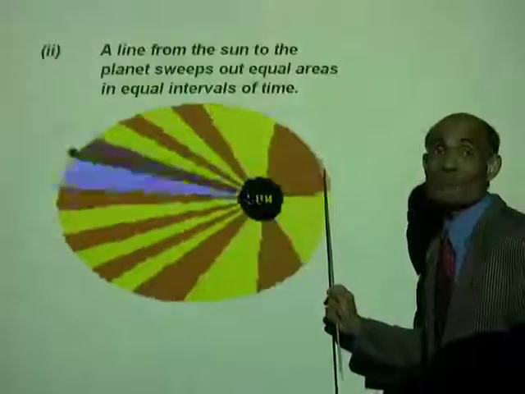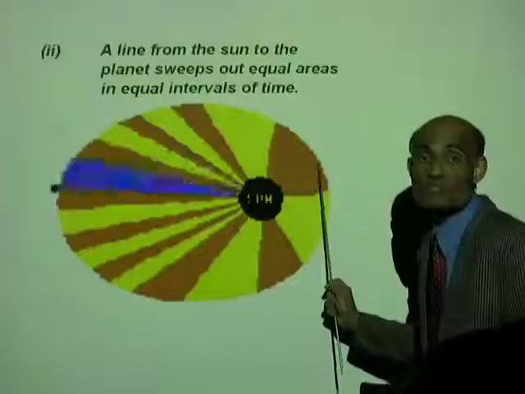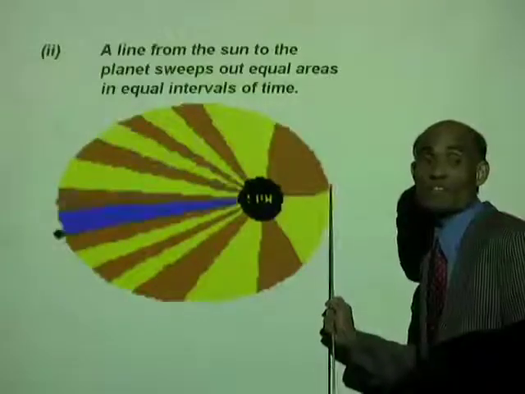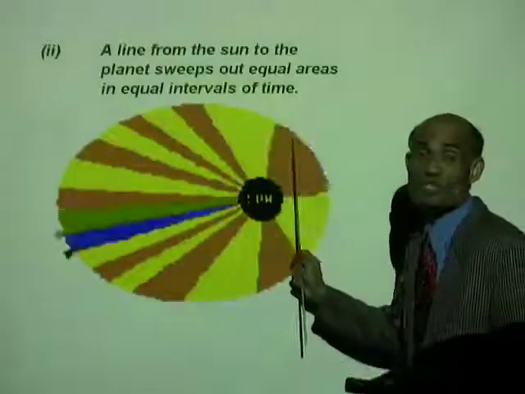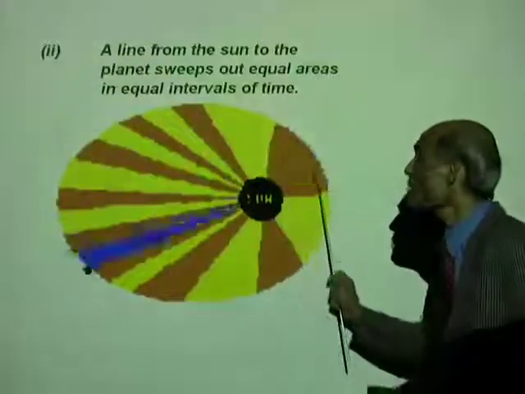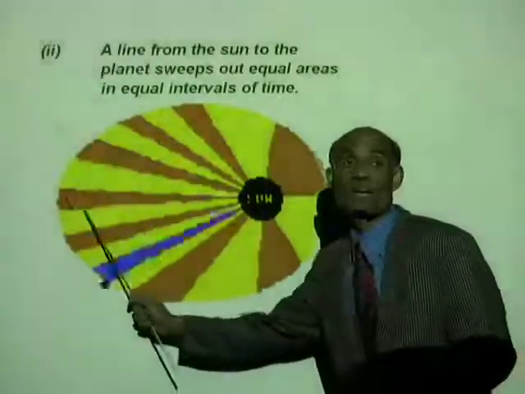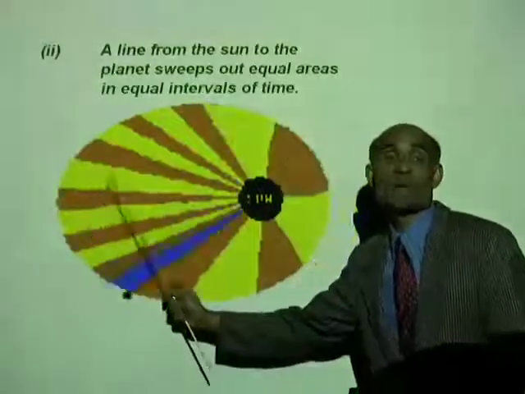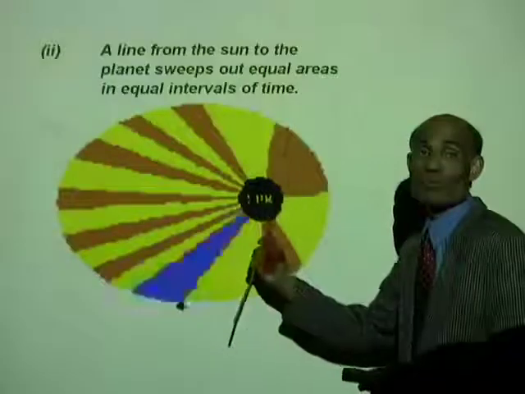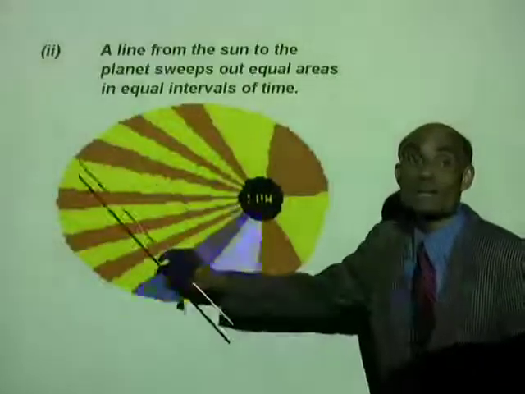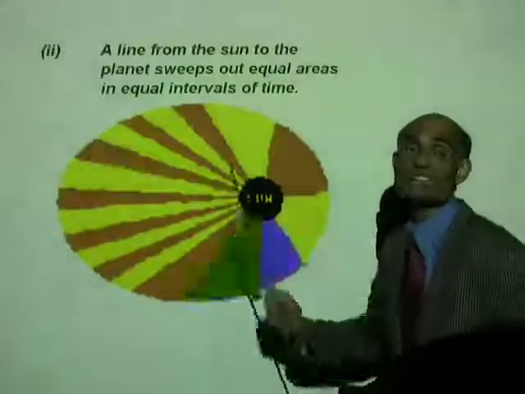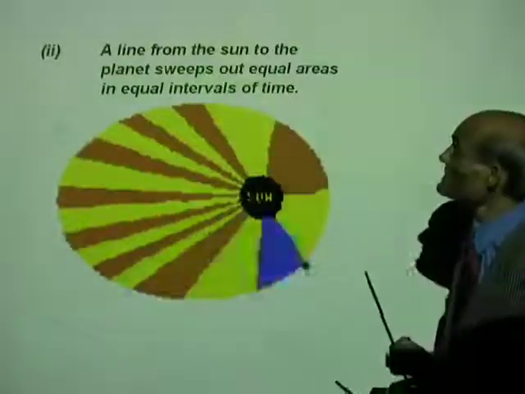You see that? Because the distance between the planet and the sun is small, it has to cover a longer distance along the ellipse so that you have an equal area like you cover when it is farther away. That means the planet has to move faster when it is closer to the sun than when it is farther away. That is the essence of the second statement.